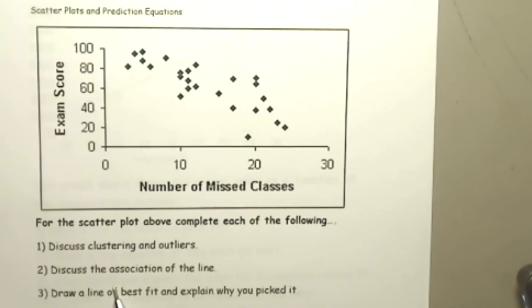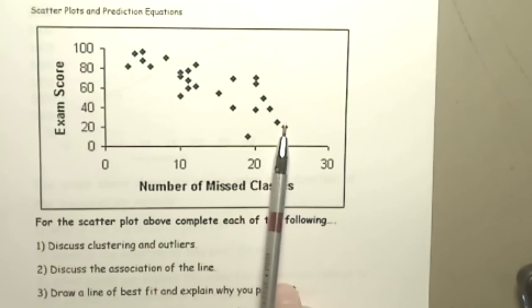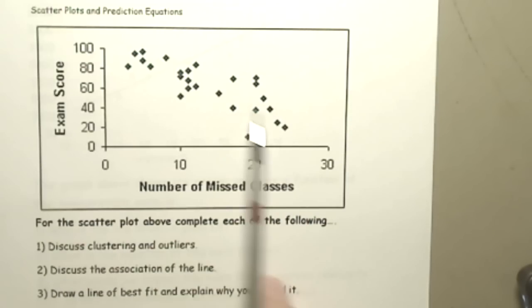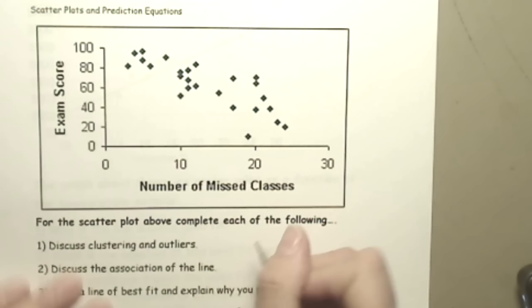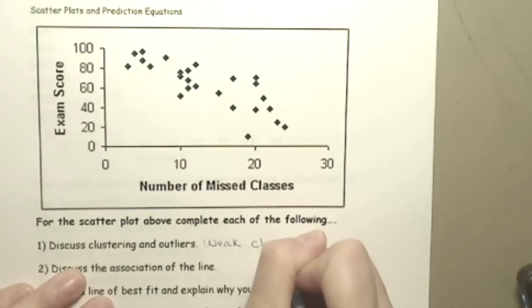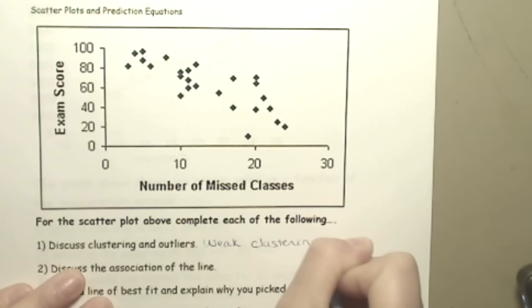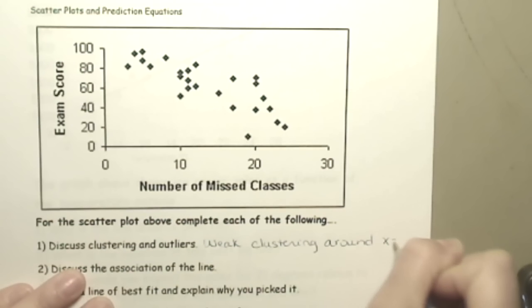For the association of the line, part 2, we would say that the line has a negative association. It's somewhat of a linear association because it does go down. So for the clustering, I'm going to say weak clustering around x equals 10.